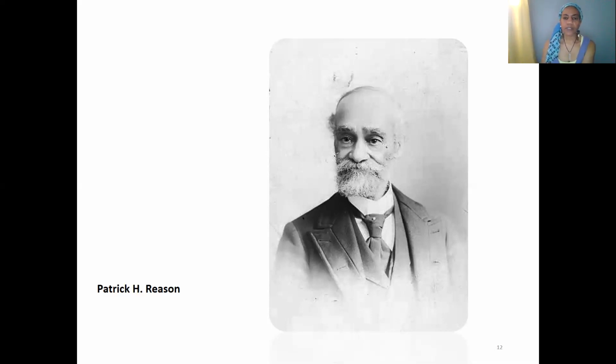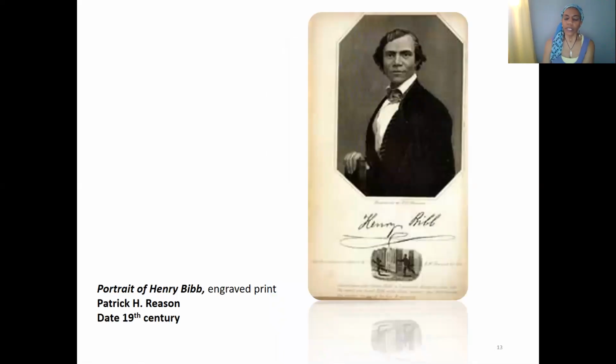So Patrick Reason was known to have been one of the first recorded people of African descent over here in the US who had that skill set. And so he's from the 1800s. So he's going to be concerned very often with producing artwork that is concerned about the topic of the day.